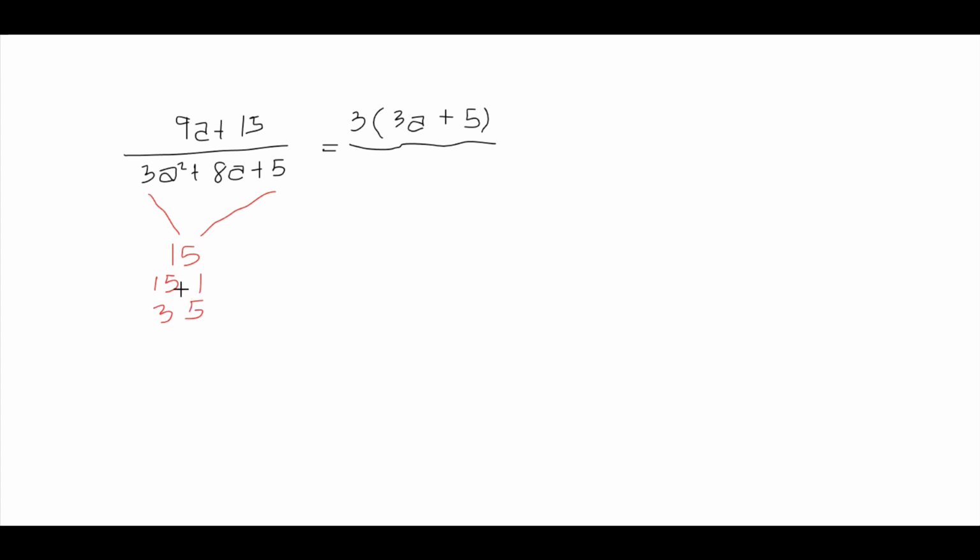Right now we have two pairs, and we need to choose which pair, if we add, will get a total of 8. Obviously 3 and 5 is the perfect pair here. If we add these two, we'll get a sum of 8.